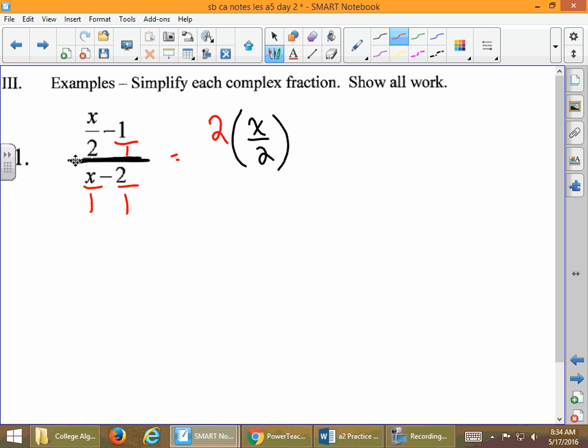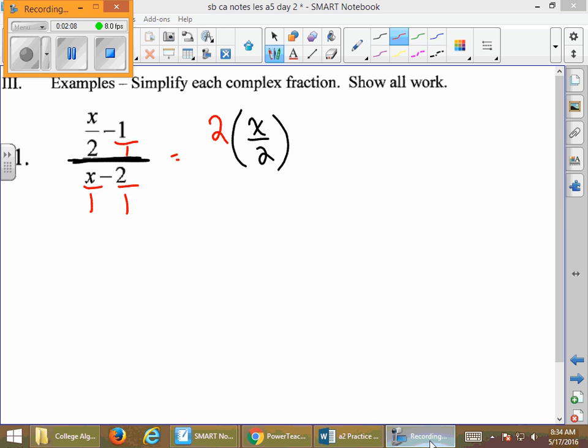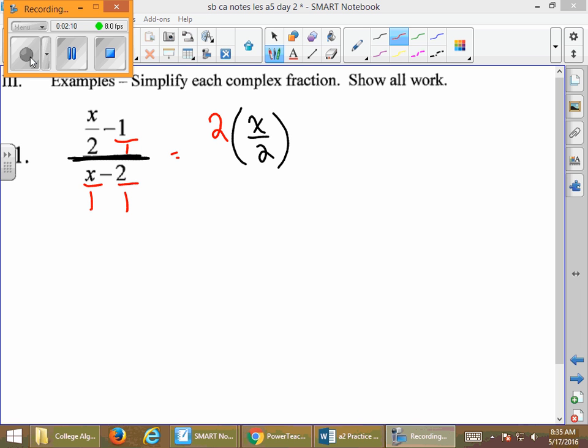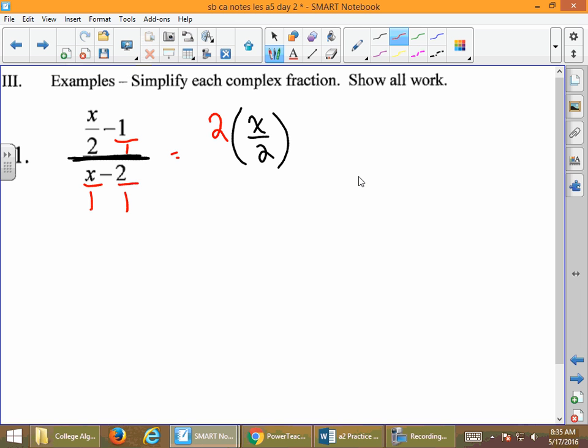What's in common between 2, 1, 1, and 1? So we found that the common denominator is 2.